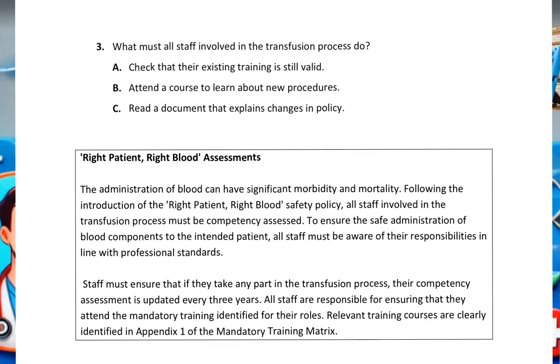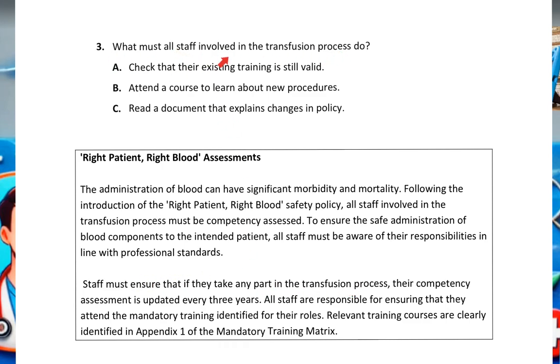This is quite simple for us to understand here. Option A, check that their existing training is still valid. Is this part of the extract? When you go through carefully, you can see staff must ensure that if they take any part in the transfusion process, their competency assessment is updated every 3 years.